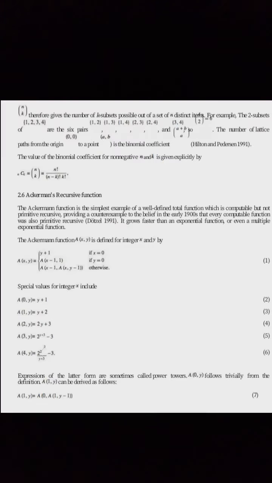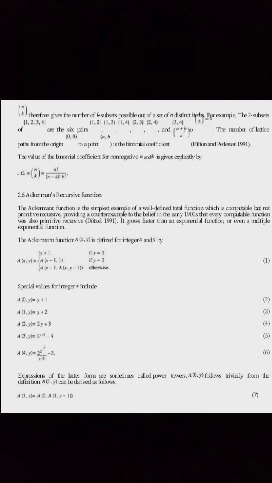Now let us see binomial coefficient nCr. The binomial coefficient (n k) is the number of ways of picking k unordered outcomes from n possibilities, also known as combination or combinatorial number. The symbols nCk and (n k) are used to denote a binomial coefficient and are sometimes read as n choose k. (n k) therefore gives the number of k-subsets possible out of a set of n distinct items.